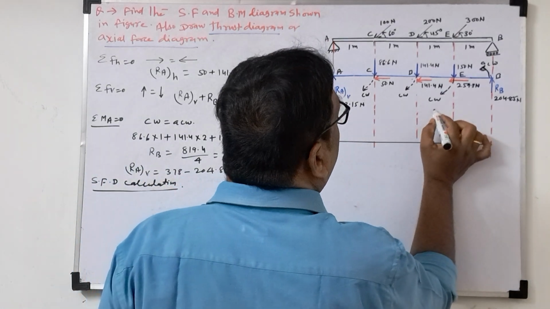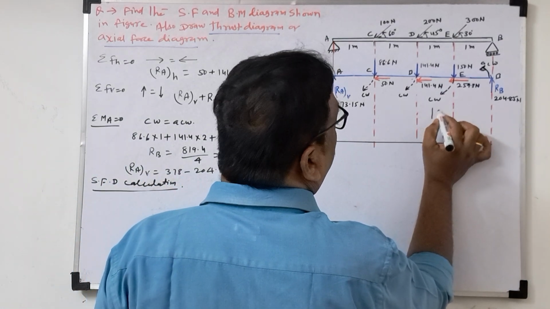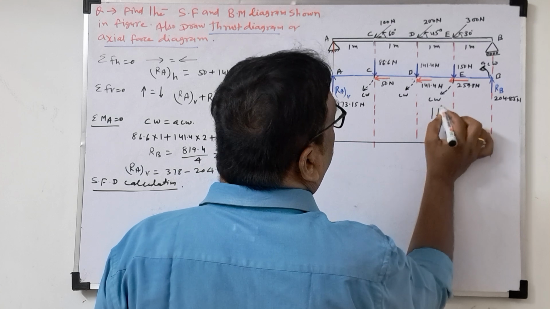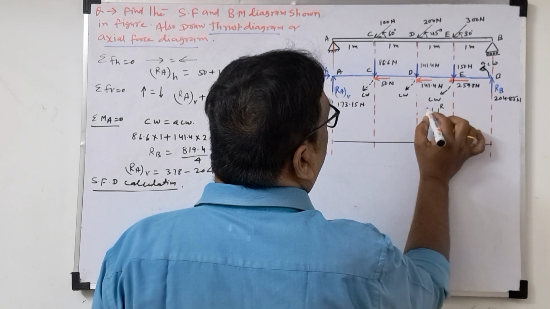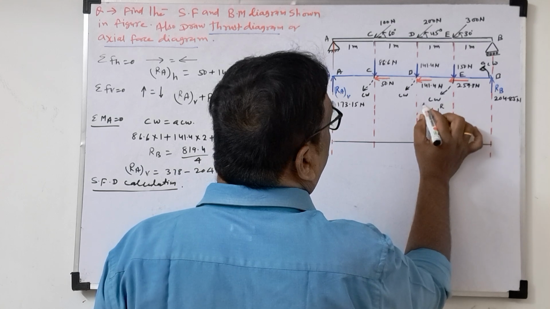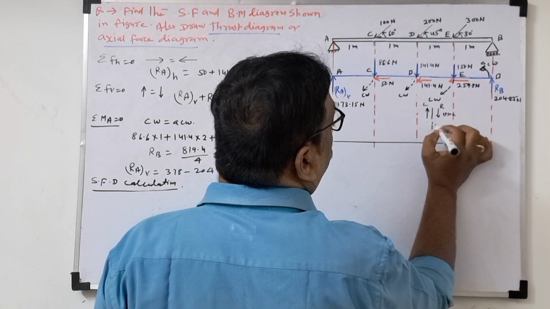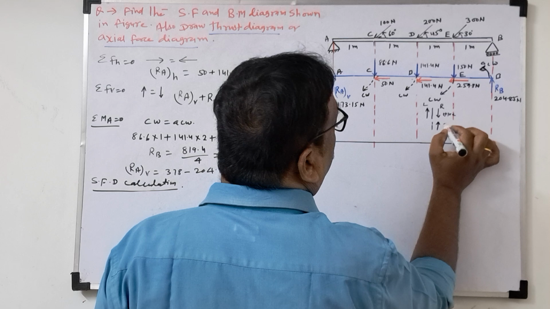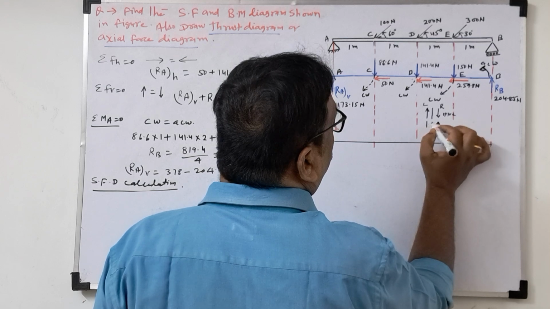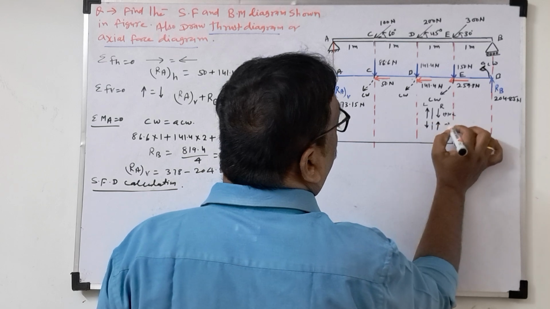See here. If we take a section, on the left side upward force will be positive and on the right side downward will be positive. Then the opposite, if left side is downward and right side upward, it will be negative.